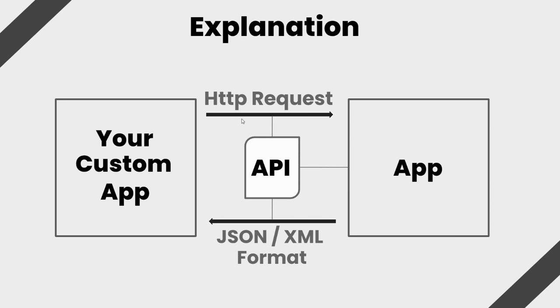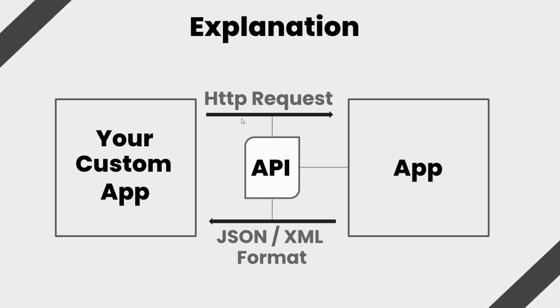And so this response can actually be in what is known as a JSON format or an XML format. These formats depend on the kind of API you make use of. Some websites have APIs that have content in JSON, some have just XML.